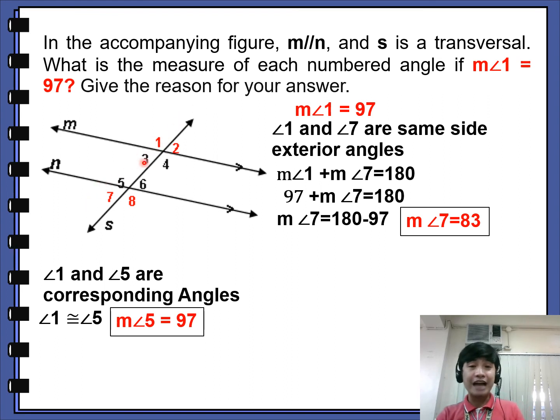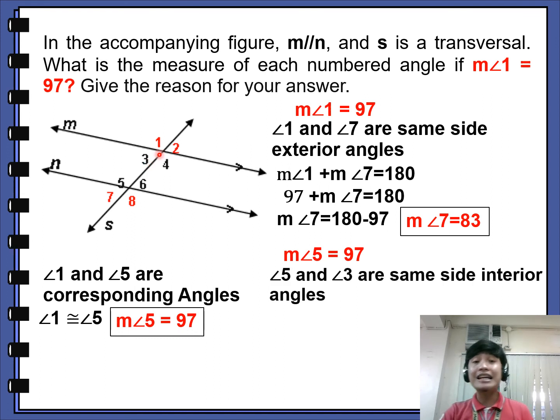Kung titignan po natin, si angle 3 at si angle 5 ay two interior angles na adjacent, lying on the same side of the transversal. Okay? Dahil may measurement na si angle 5 at katabi niya si angle 3, meron po silang relationship as far as the angle relationships and parallel lines are concerned. Angle 3 and angle 5 are same side interior angles.